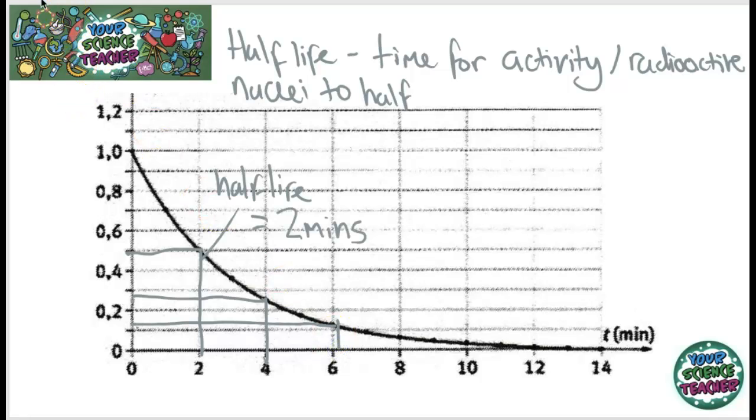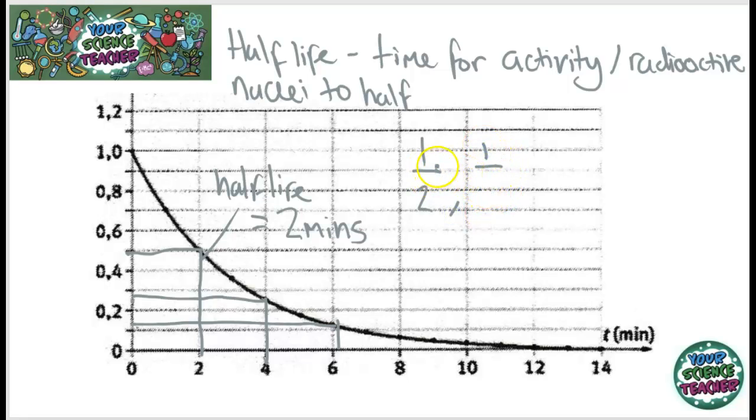What do we also notice from this graph though? What we notice is if we started at 1 million radioactive nuclei and it's gone down to a half, then it's gone down to 0.25, then 0.125. What you'll notice is each time we reach a half-life, the number of radioactive nuclei halves.